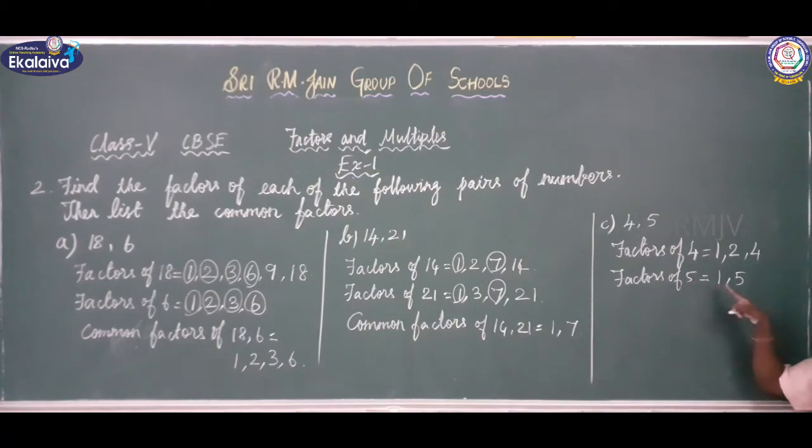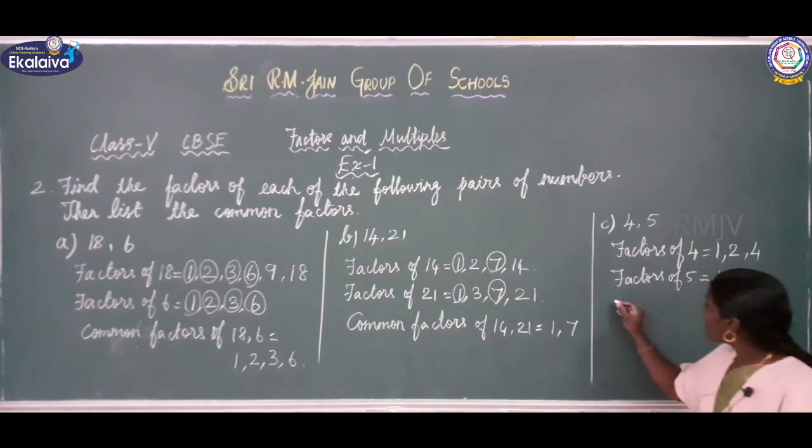Here for 5, 1 and 5 are the only 2 factors. If the number has only 2 factors like that, 1 and the number itself, the number is called a prime number. Okay. So, 5 is a prime number.